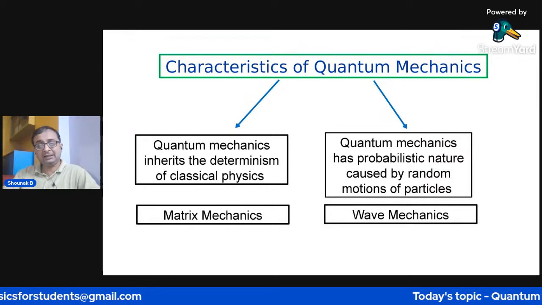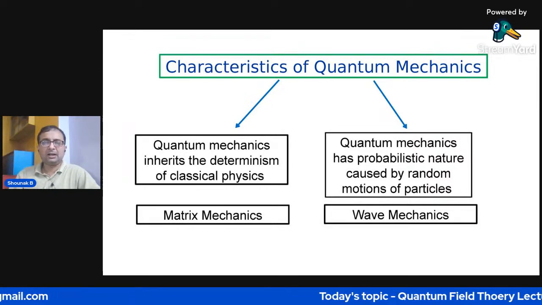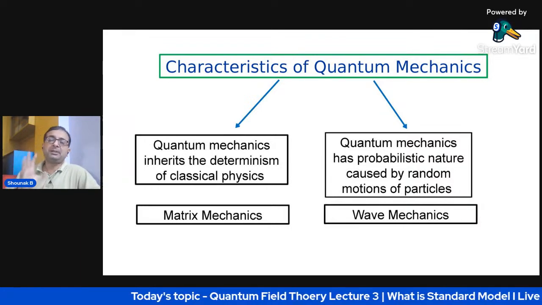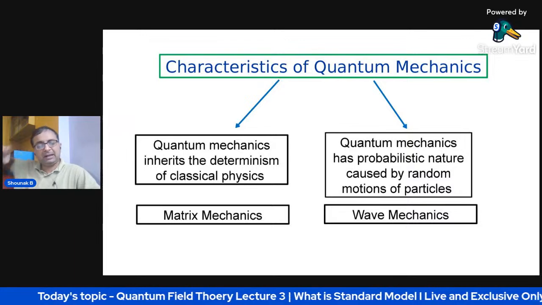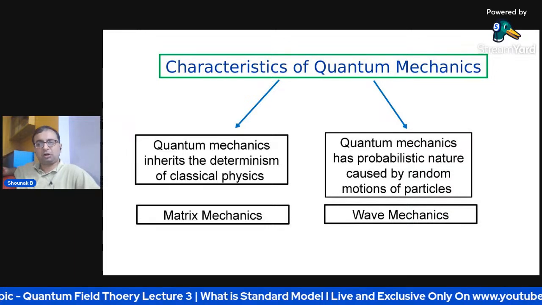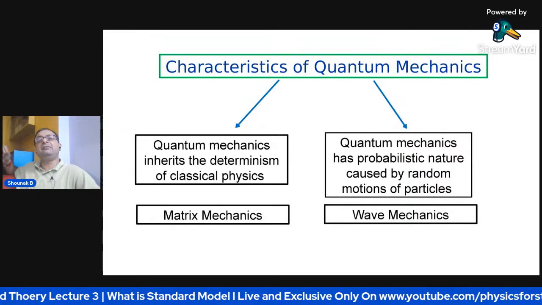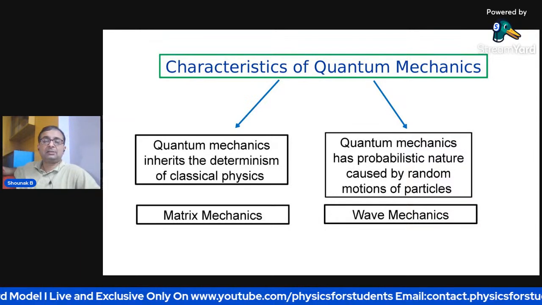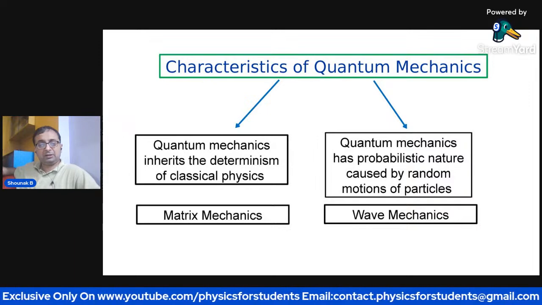And if I take the right hand side, that is the probabilistic part, then what we get is what is called wave mechanics. So the point I'm trying to make is that from deriving this time-independent Schrodinger equation, we can see that the wave function is no longer explained by the Copenhagen interpretation.